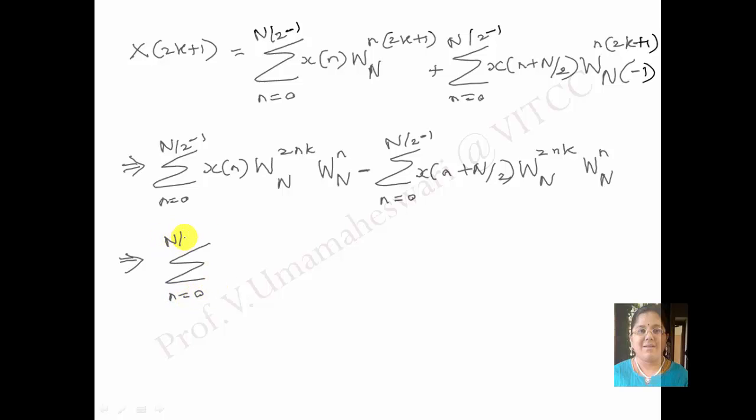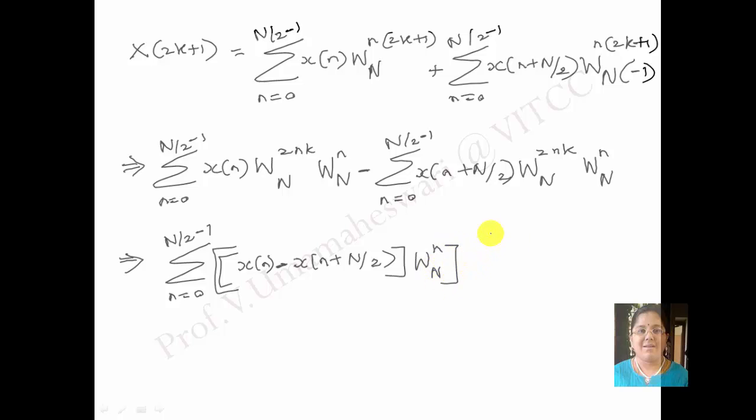So we get something like x of n minus x of n plus n by 2. We are going to multiply this by w n n.